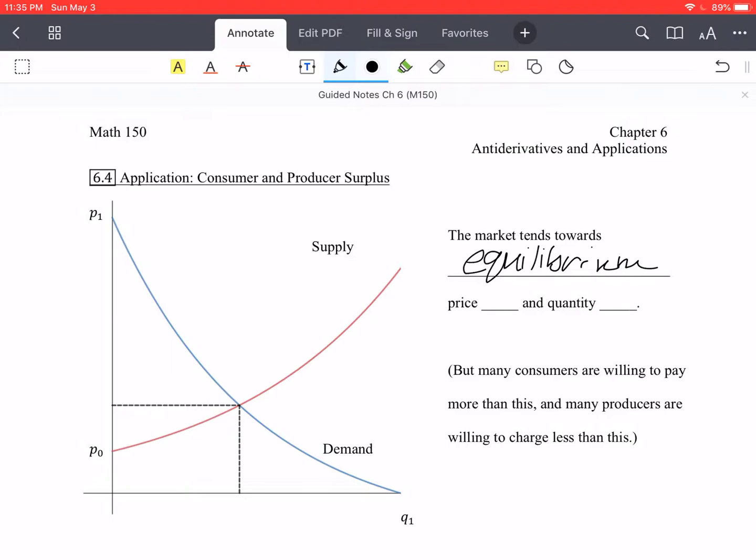And the notation we use for these, that's P star and Q star, like that. So those are equilibrium price and equilibrium quantity, and that on the graph of supply and demand is the point where they intersect. So that is the value of P star, and that's the value of Q star. Okay, so that's that point right there in the middle where they meet.